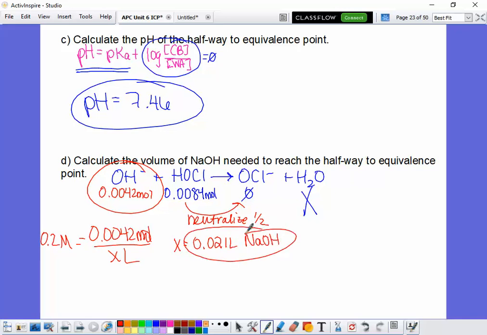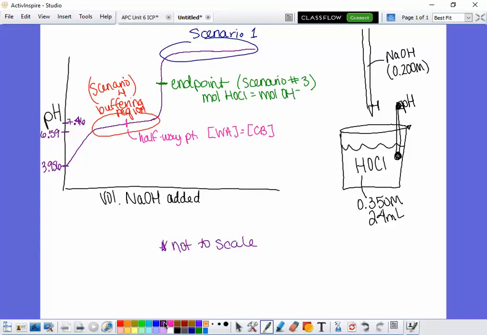So 21 milliliters, right? So back on our graph, this point here would be 21 milliliters. All right, now that's the halfway to equivalence point. The equivalence point, what volume of NaOH would we need? 42. Because it took us 21 milliliters to get halfway there, it would take 42 to get all the way there.